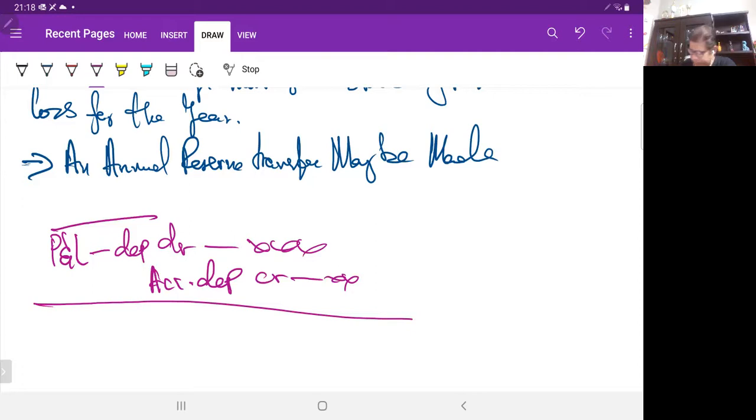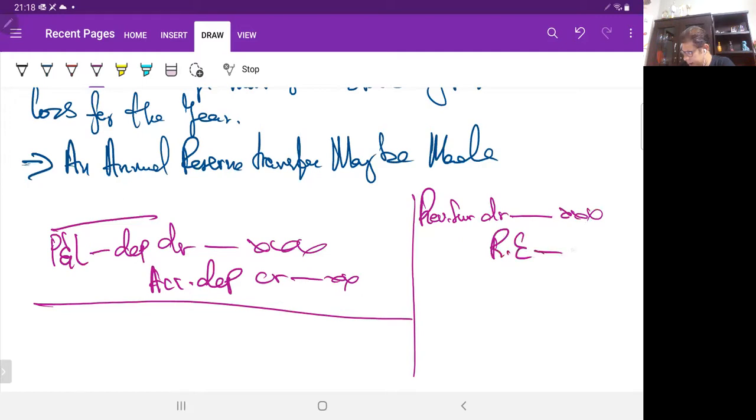And on the other hand, revaluation surplus will be debit and retained earnings will be credit, right? How we will do that, for getting better understanding, let's do the example on it.